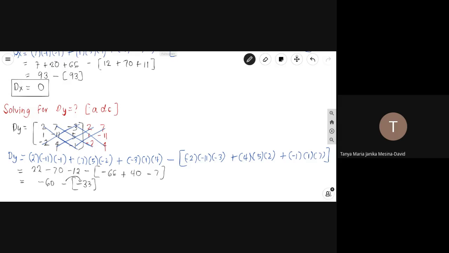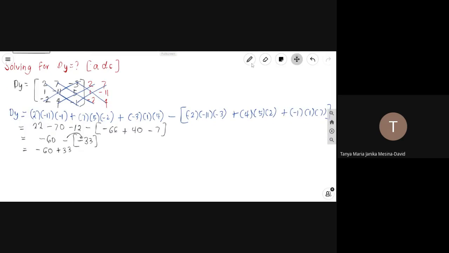So if we multiply the negative to the negative sign, it will become negative 60 plus 33. And we will have the answer: negative 60 plus 33, Dy is equal to 27. Oh, sorry, negative 27. So I'll put a rectangle here.